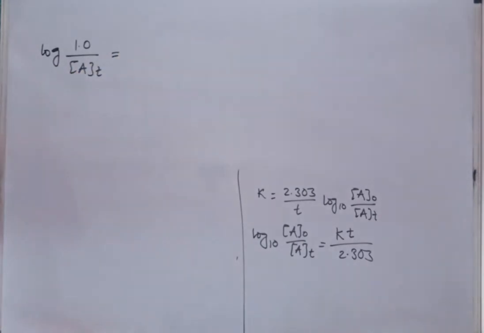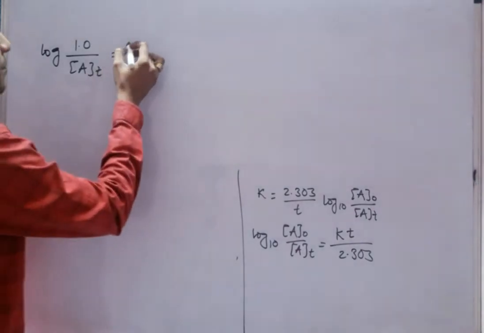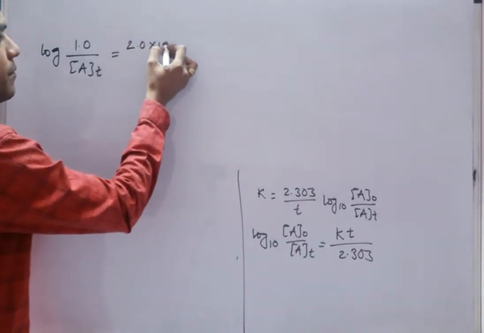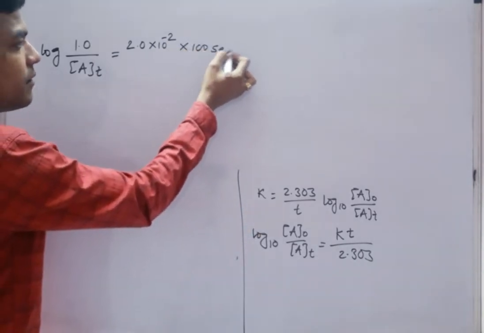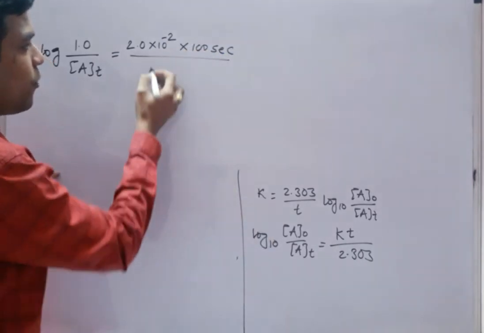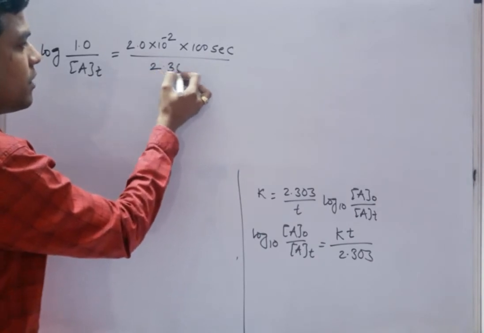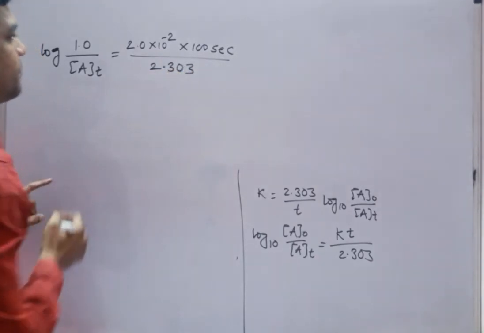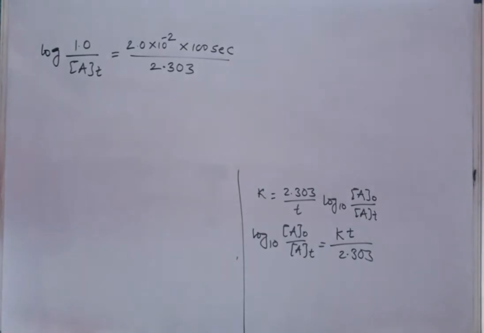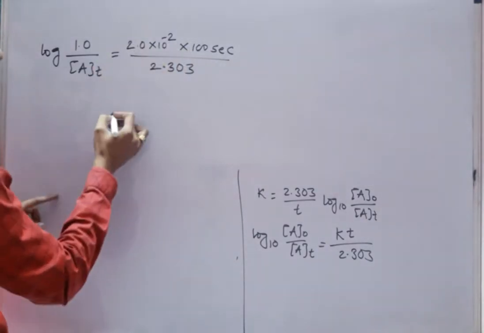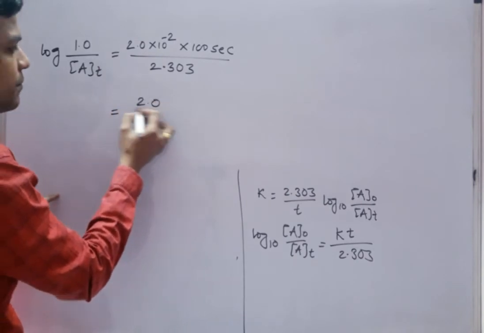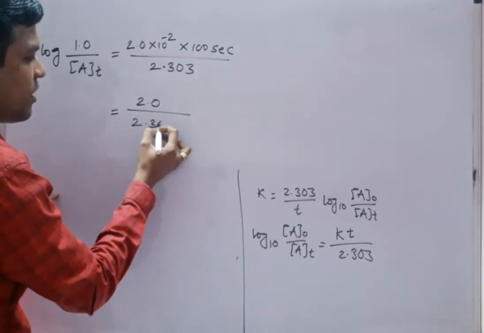K की वैल्यू दी है आपको 2 into 10 to the power minus 2, into टाइम दिया है 100 सेकंड, upon 2.303. Okay, now calculate this. 10 to the power minus 2 and 100 will get cancelled, so 2 upon 2.303 is the remaining quantity.